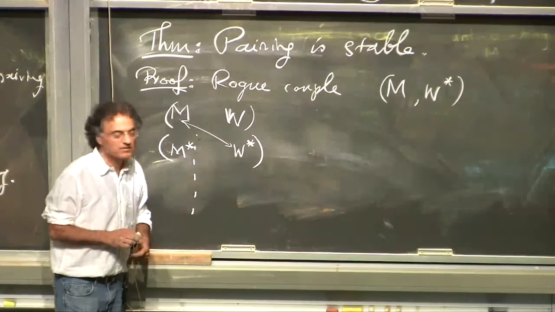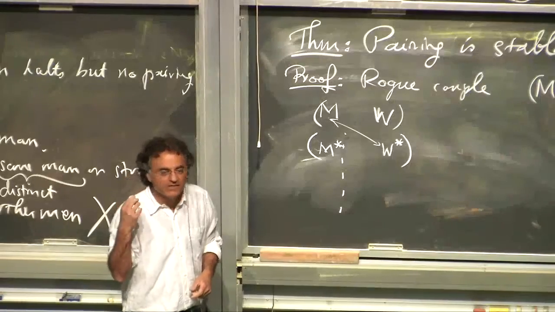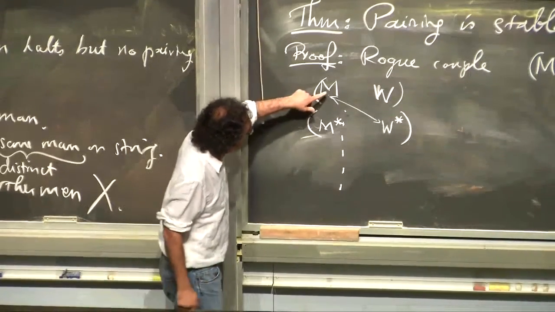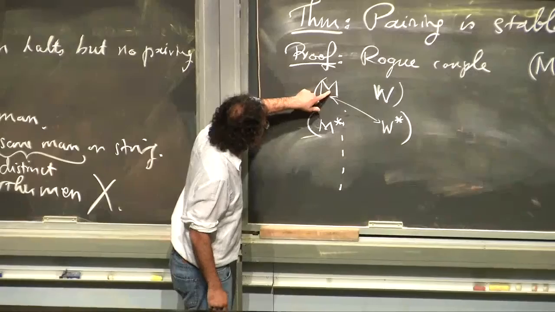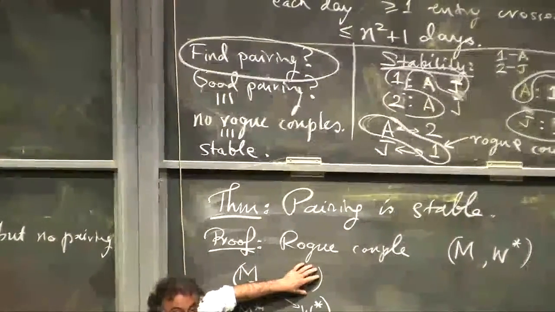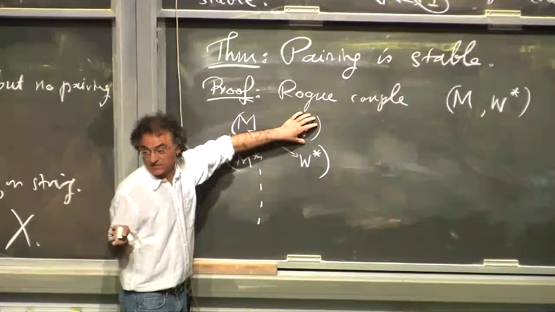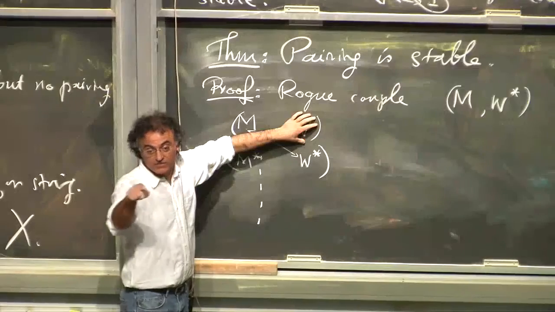Here's the reasoning. In this algorithm, M was paired up with W because he first tried all the better alternatives. He went down his list, starting from the top.